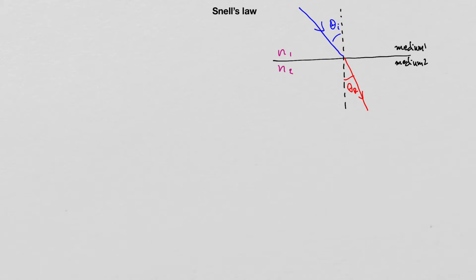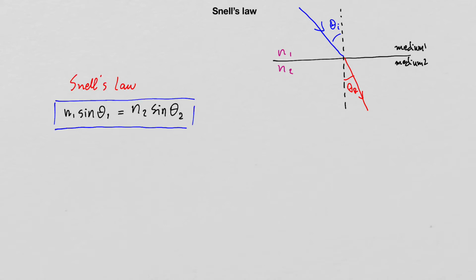After the light ray passes into medium 2, it changes direction because of refraction. And now the angle that it makes with the normal is the angle of refraction theta r. So Snell's law gives me the relationship between the two angles and the indices of refraction. Snell's law reads that the product of the index of refraction and the sine of the angle of incidence for the first medium is equal to the product of the index of refraction and the sine of the angle of refraction in the second medium.